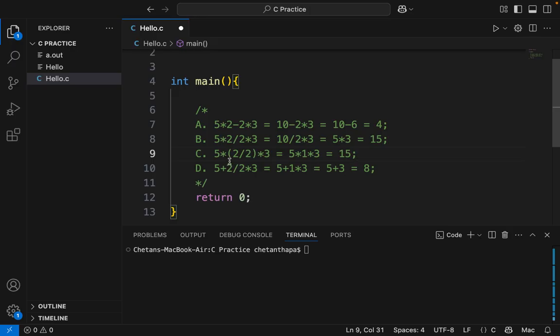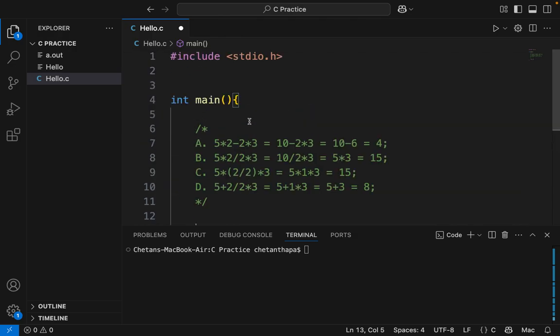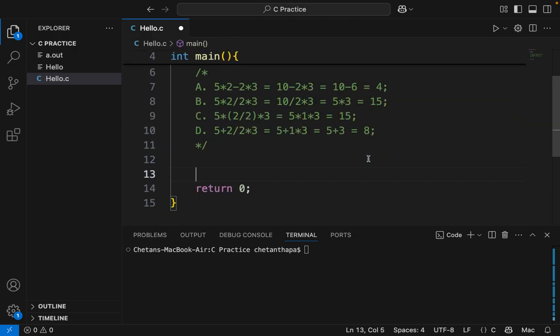And 5 plus 8. We'll check in the code whether it is right or not.